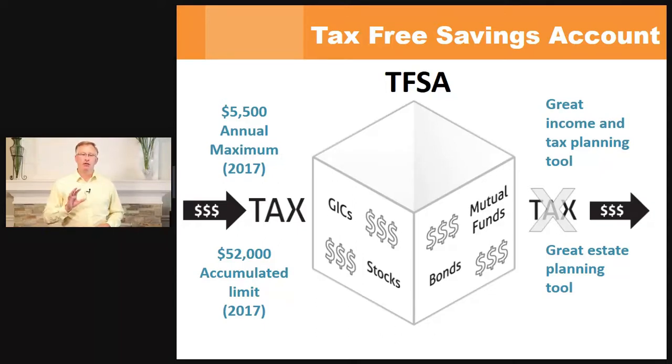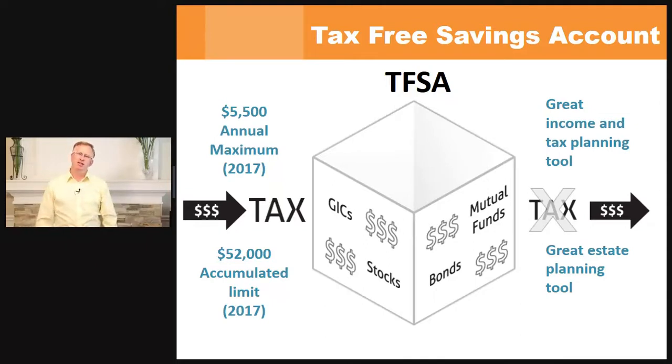So here's the other thing. You never lose your tax-free savings account contribution room. When you put the money into the box, as it grows, think of it like your box continues to grow to be able to hold more and more money. So if you grew that $10,000 up to $1 million, and then you took that $1 million out, that box is still big enough to hold $1 million.